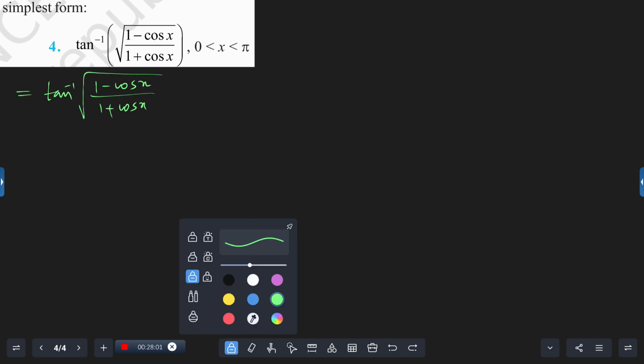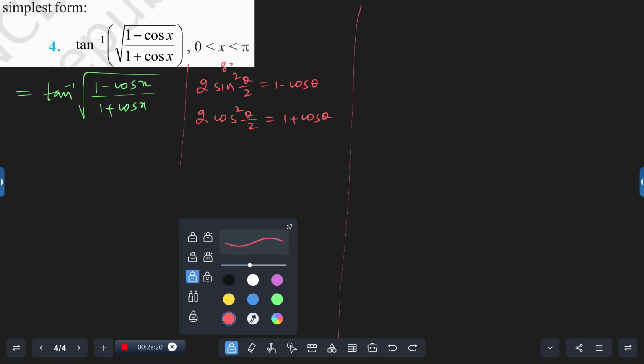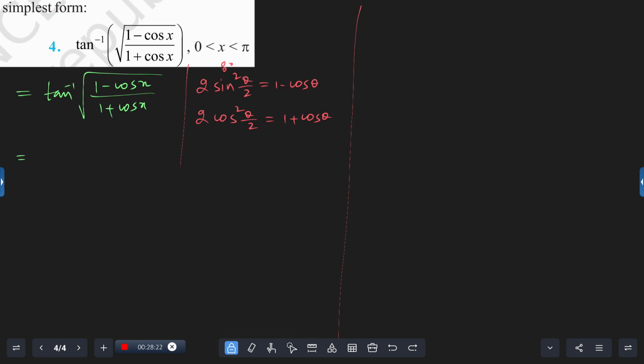Very good. So 2 sin square theta by 2 is equal to 1 minus cos theta. Like that, 2 cos square theta by 2 is equal to 1 plus cos theta. I wrote the formula in theta, but when you apply it in a question, you use x because in the question they gave x only. Understand? Now you can apply this.